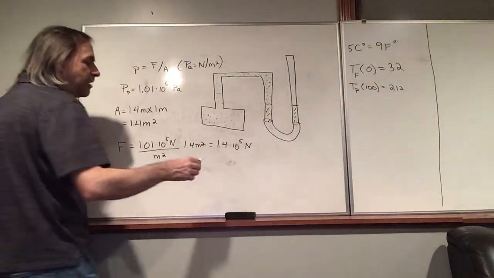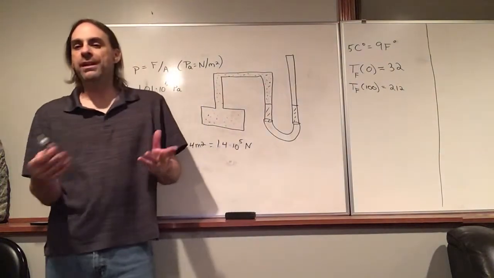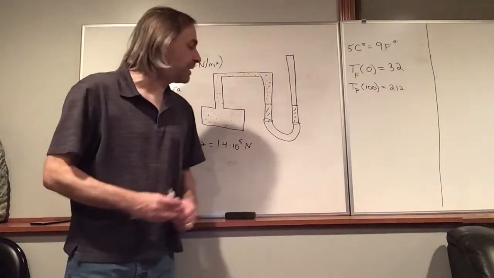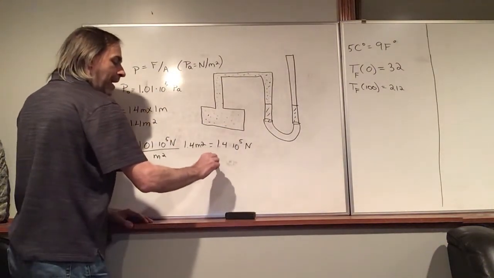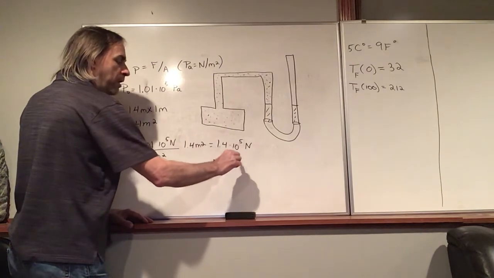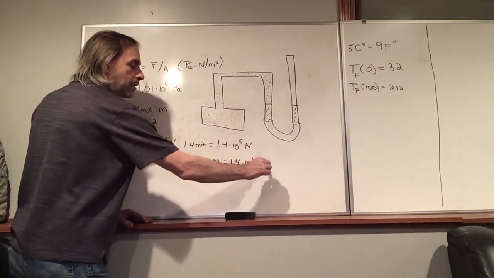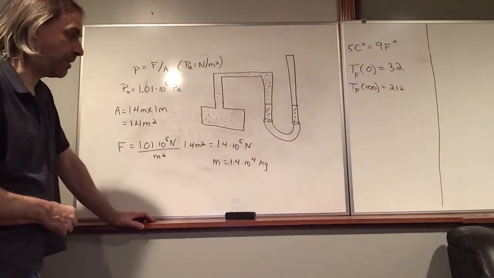Now, if we convert this to kilograms, even though they're not the same thing, just under normal gravity, if we're just doing an estimate here, an equivalent weight would be a mass of around 1.4 times 10 to the 4th power kilograms. That's a very large mass.